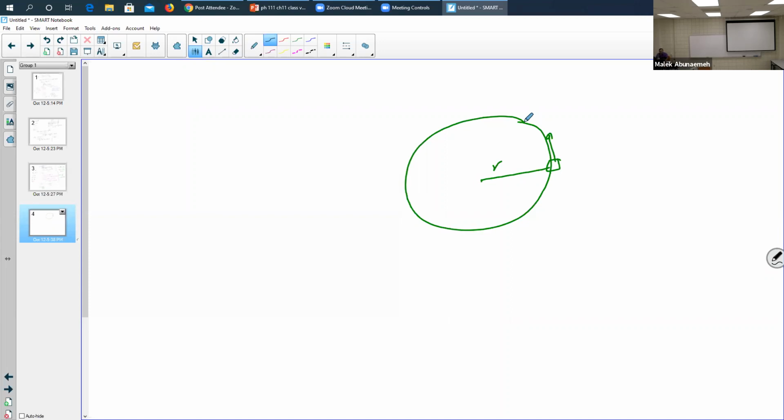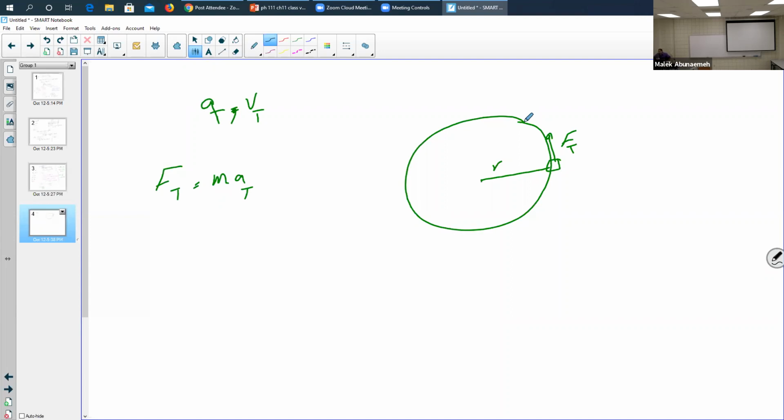Now, that object is going to have a force that's your tangential force, and it is defined as your mass multiplied by your tangential acceleration. Because that object is going in a circle, it's going to have a tangential acceleration, and it's going to have a tangential velocity.